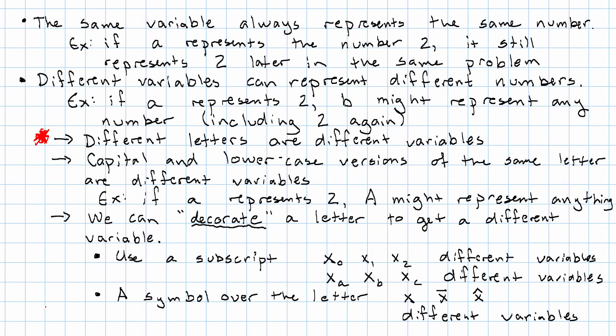However, in science classes and in subsequent math classes, both of these ways of forming a different variable are very likely to come up. So you should be aware of them so that when you see them, you know what's going on.